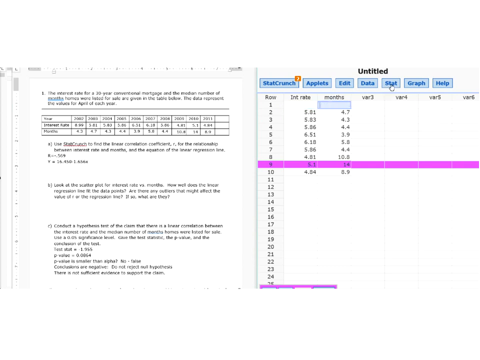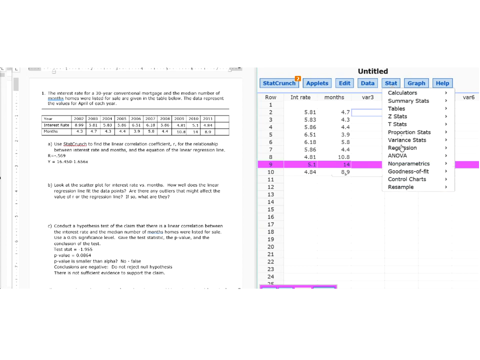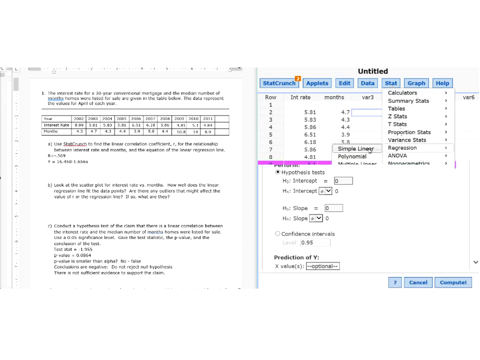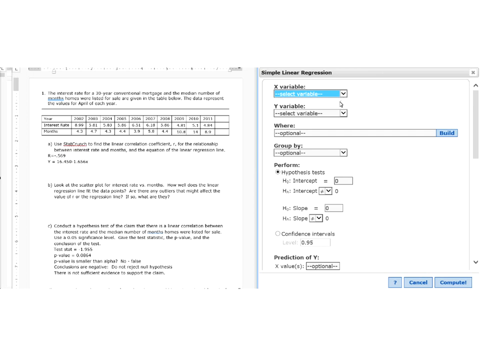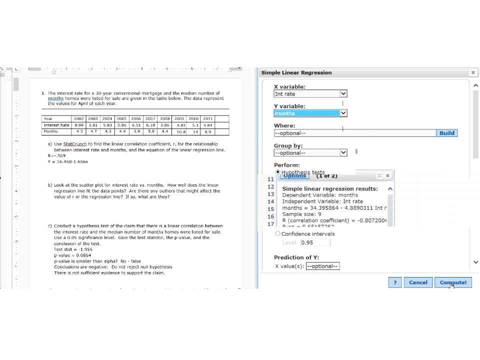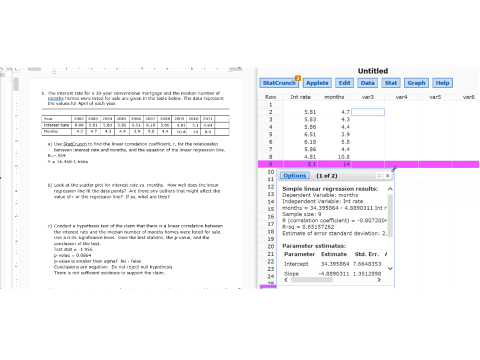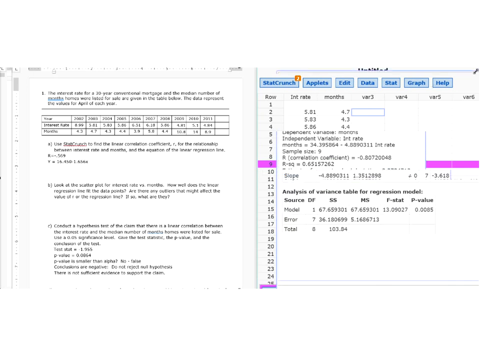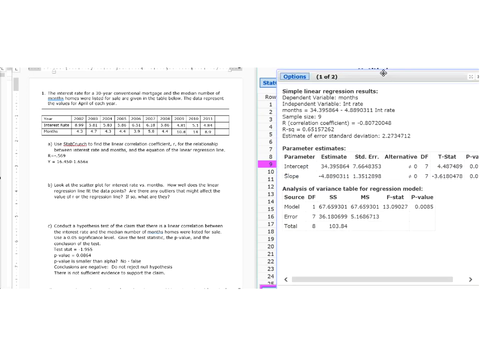And then I'm going to redo my linear regression. I'll click Compute, and it gives me everything I want just by doing that one procedure.